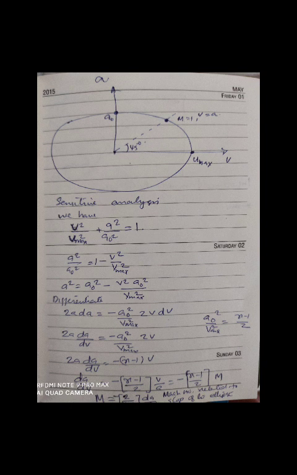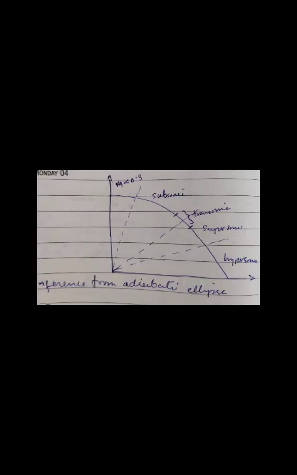This is the relation between Mach number and slope of the ellipse. And this is the first quadrant of the ellipse. According to the Mach number, we have divided this portion into 4, actually 5.